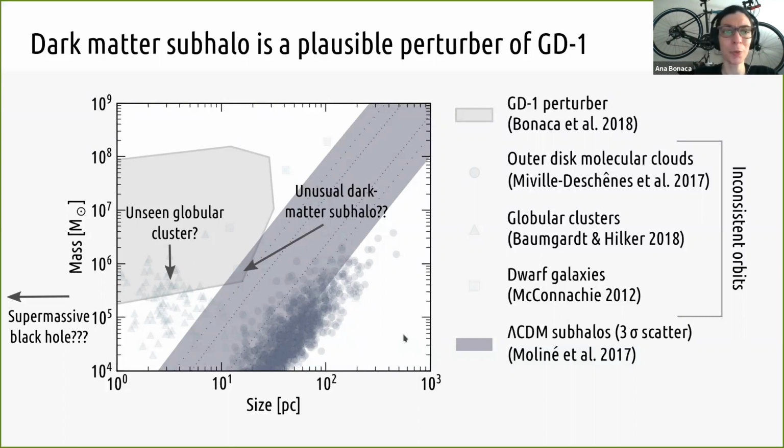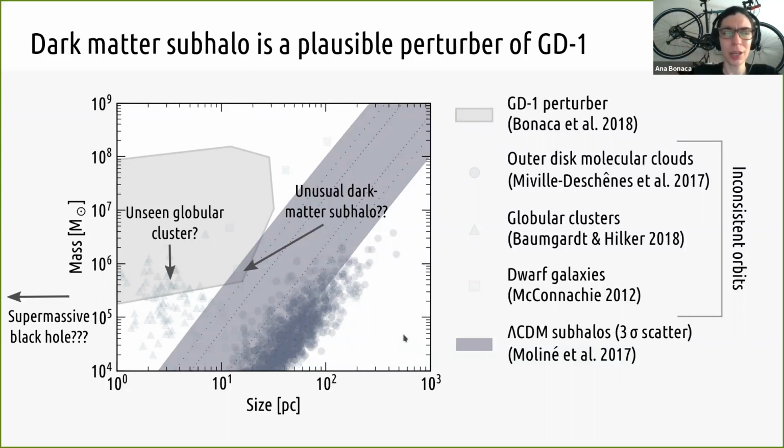So in our models, it turned out that if the impact happened long ago, then the spur would be more aligned with the stream, and we wouldn't see it as a separate spur.